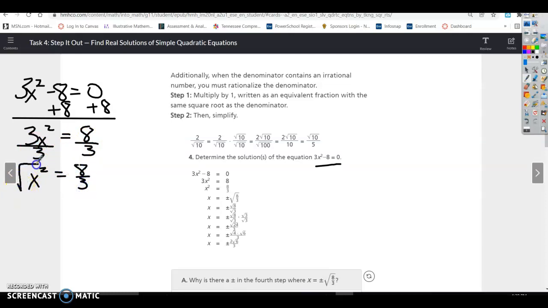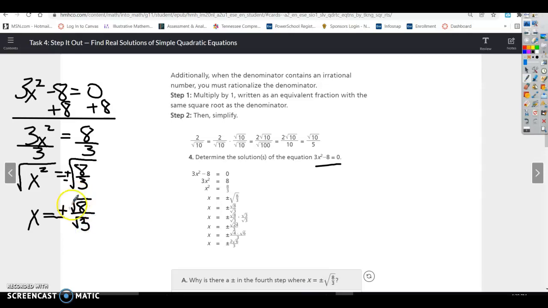Now we're going to take the square root, because the square root undoes something squared. And when we do that, we're going to have a plus or minus square root of 8/3. So now x equals plus or minus the square root of 8/3, which we just looked at above, is the same thing as the square root of 8 over the square root of 3.